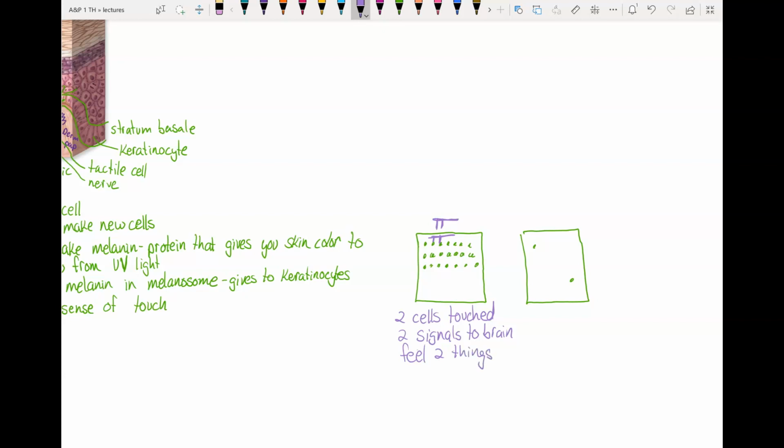If you come over to this other area of skin, where you only have a few tactile cells and they're spread apart, they have territories. So they would split your skin like this. They would have their territories. This caliper comes down and it touches here like this.